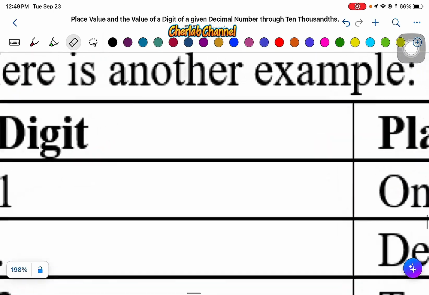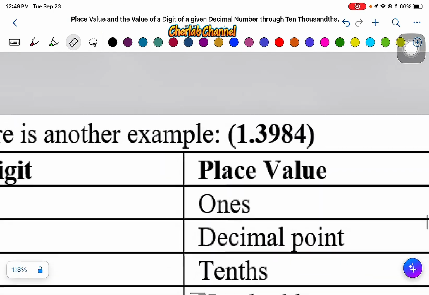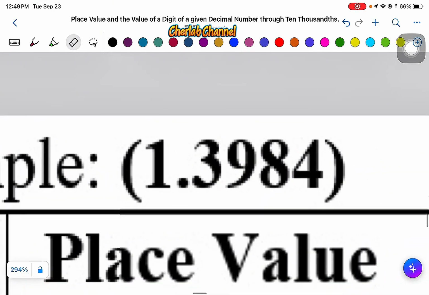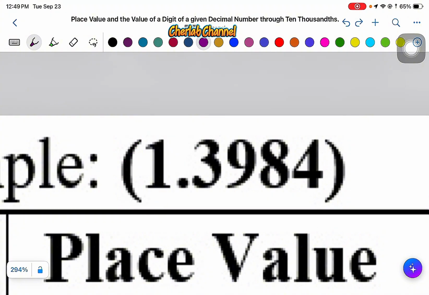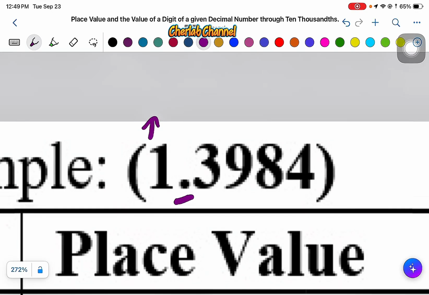If we have the digit 1 here, it is in the ones place. Tama? So 1 here is the ones place. Okay, why? This is the decimal point. And the first digit would be ones.